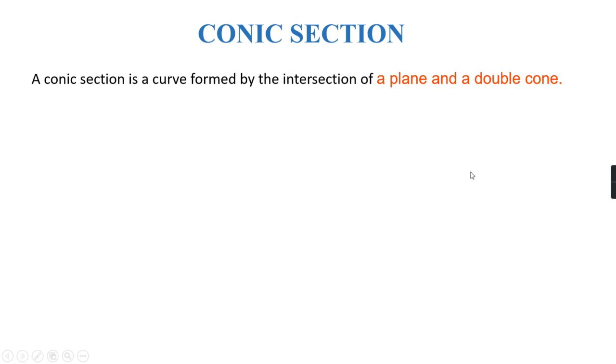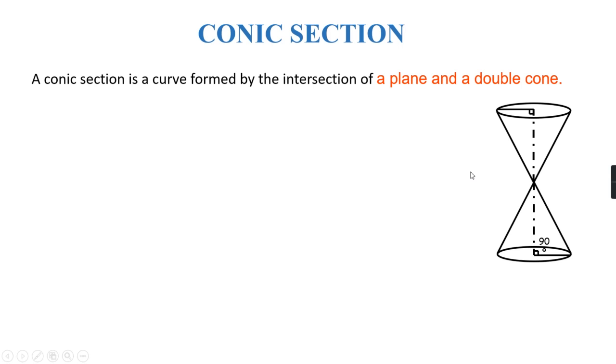So what are they? A conic section is a curve formed by intersection of a plane and a double cone. So what is the double cone? It is your cone, and now it is your double cone. This is called the generator.